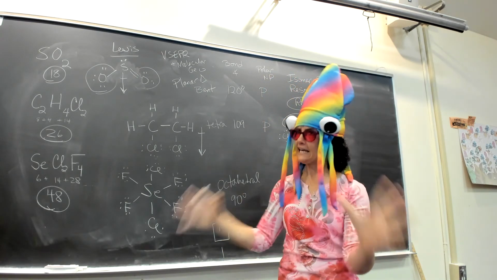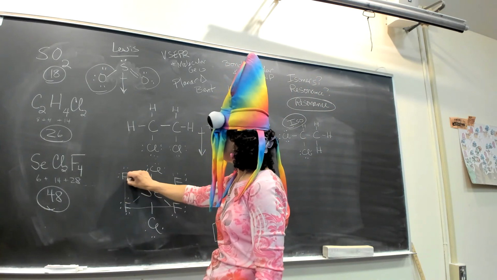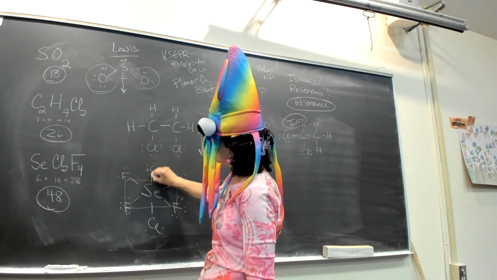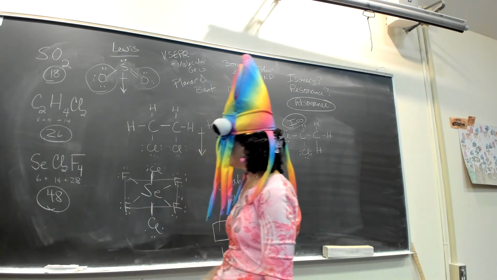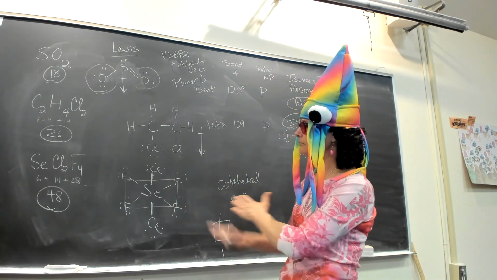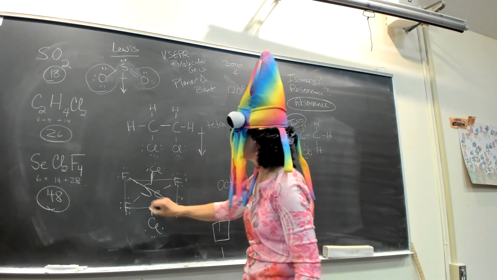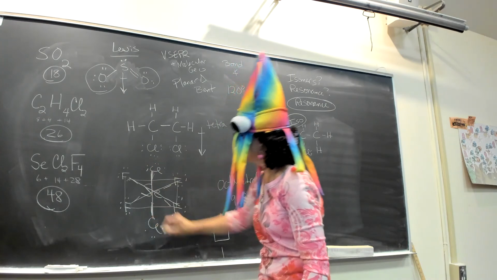Any way you turn it, everything's symmetrical. So we can think of my fluorines as in my square, and my chlorine going up and going down. The other way to think of it is in an octahedral, something is always straight across from something else. My fluorines cancel out, and my chlorines cancel out.